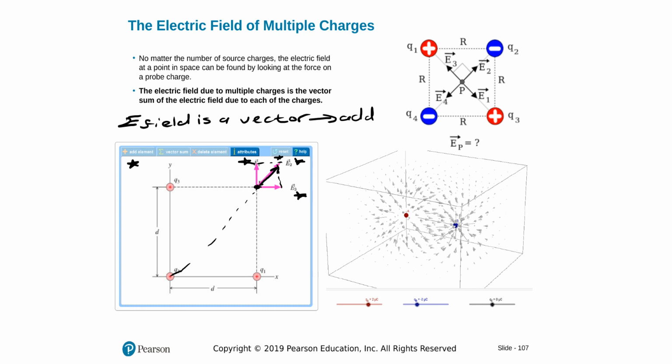They won't be the same length perhaps, but this will be E1 plus E3. And overall, I can say the total electric field will be along that diagonal. If I had the values, I could calculate it as well. Let's put that as a green line. But I can safely say it will be in this direction. So that's vector addition again, similar to what we do with forces. We will call this E total.